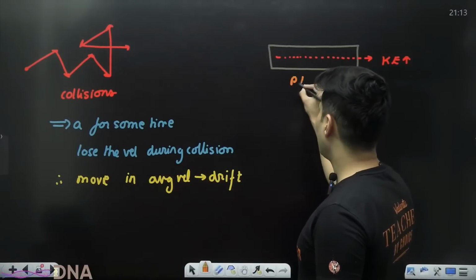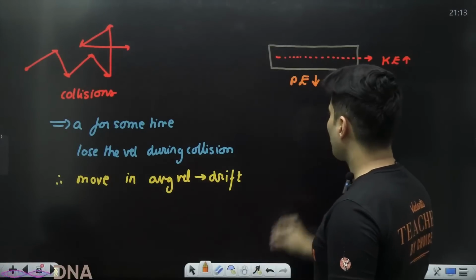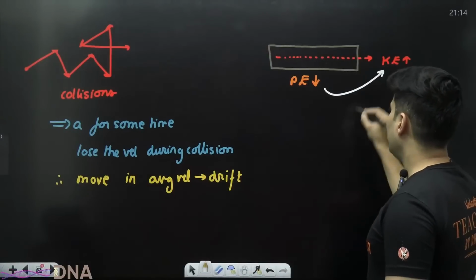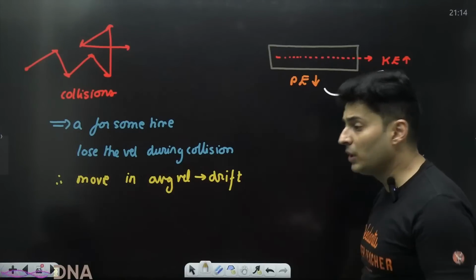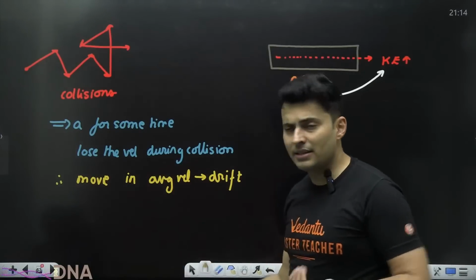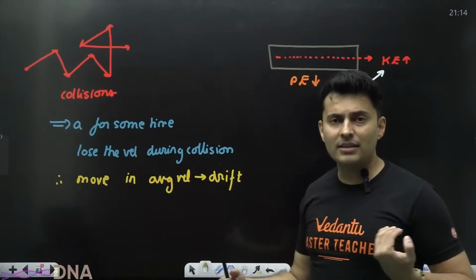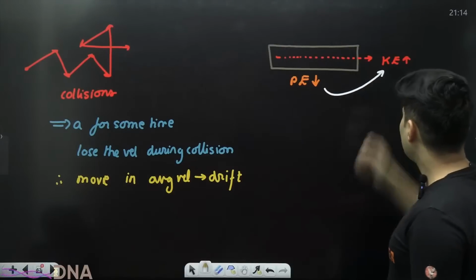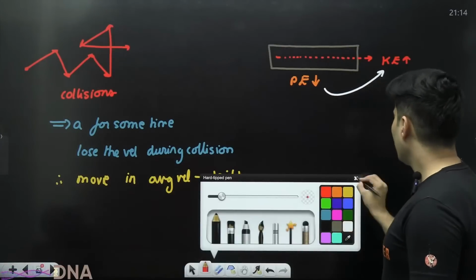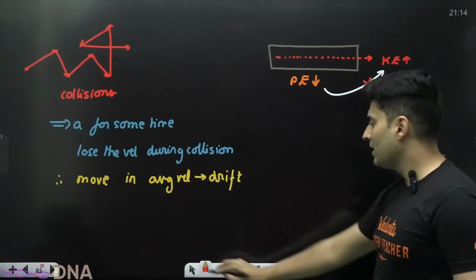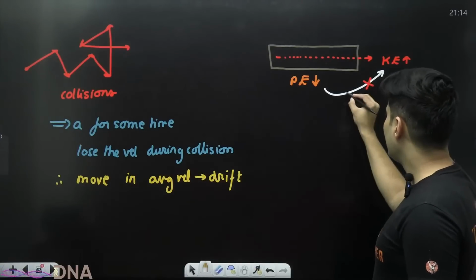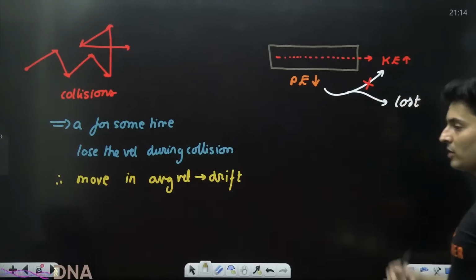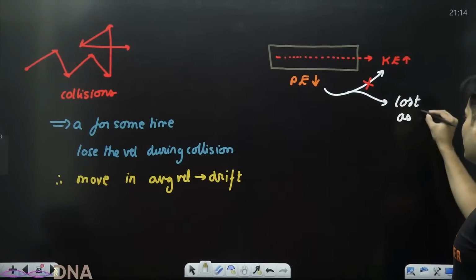So the potential energy will decrease; it got converted into kinetic energy. But we know the velocity does not continuously increase. Rather, it maintains a steady speed, which means the potential energy it loses doesn't all go into kinetic energy. It ends up lost as heat.